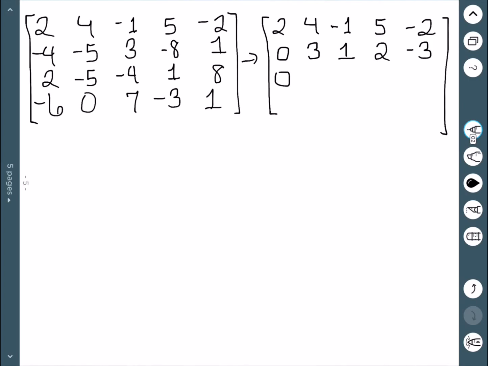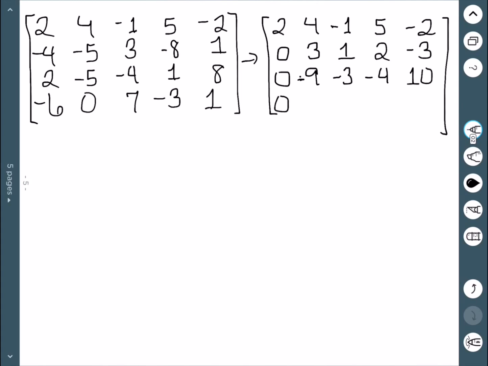To get a 0 in the next spot, we would do negative row 1 plus row 3. Negative 2 plus 2 is 0. Negative 4 minus 5 is negative 9. 1 minus 4 is negative 3. Negative 5 plus 1 is negative 4. And then 2 plus 8 is 10.